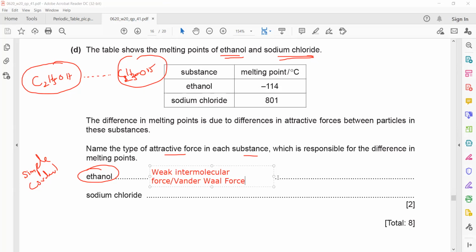They're asking about the force between two molecules, so the weak intermolecular force is there between the molecules.